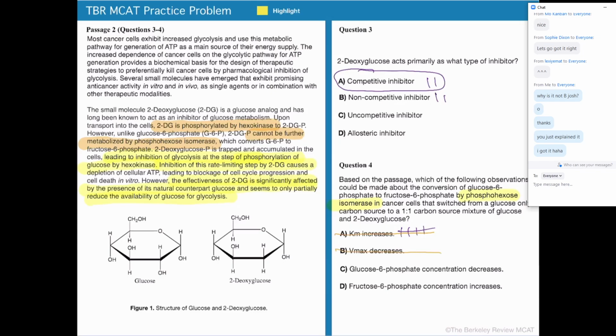Okay. And between these two, glucose 6-phosphate or fructose 6-phosphate increasing, the answer is actually C, glucose 6-phosphate concentration decreases. Why does the glucose 6-phosphate concentration decrease?